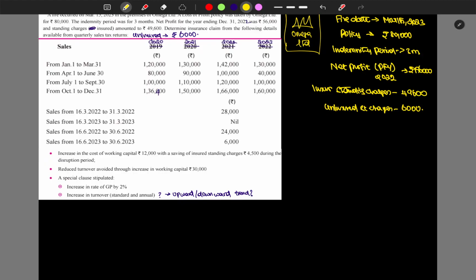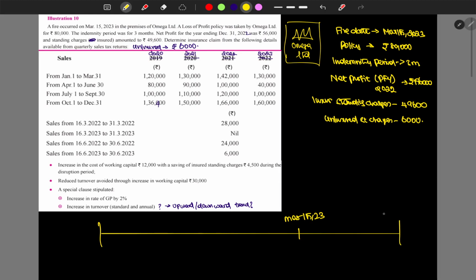Usually I create a timeline for these kinds of problems. Even if you are not used to it, for this problem you can use it for any other kind of loss of profit problems. The fire date is March 15, 23.